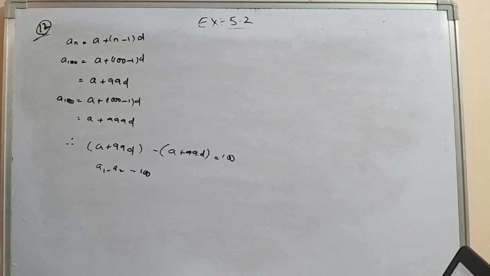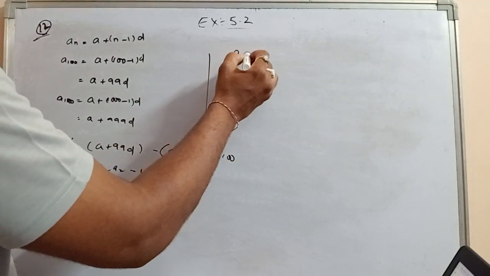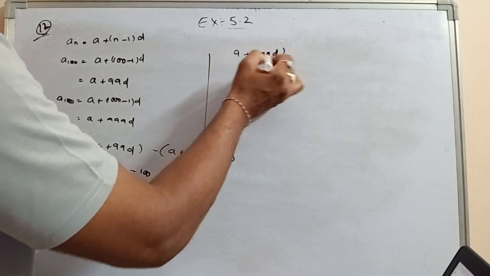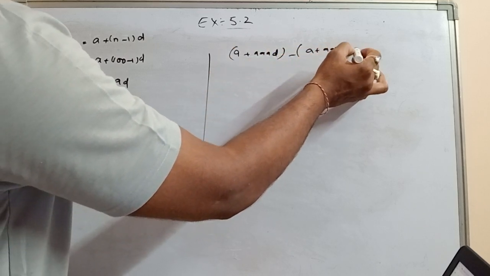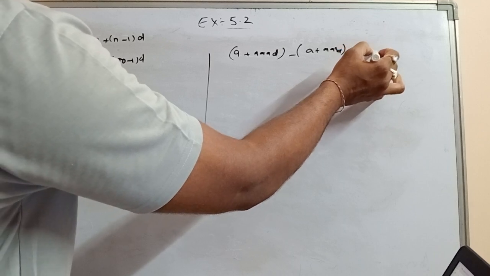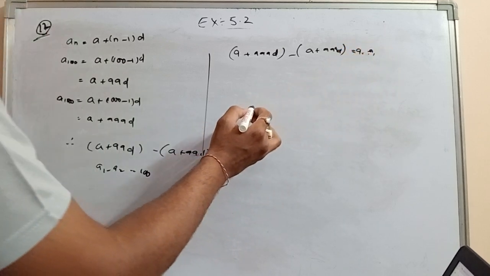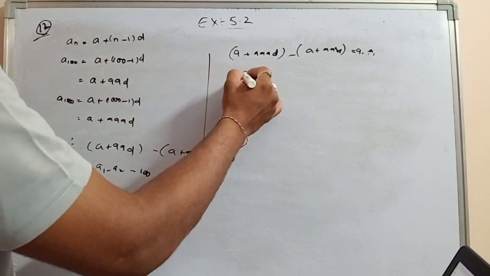Let's suppose the 1000th terms of the arithmetic progressions: A plus 999D minus A plus 999D is equal to A1 minus A2, right? So by equating, the difference A2 minus A1 will be 100.